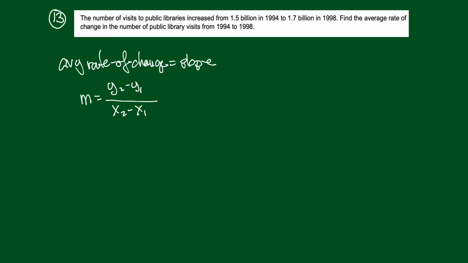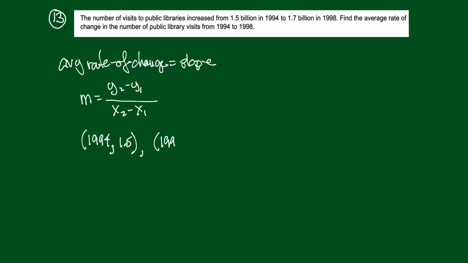Here's what I know. In 1994, 1.5 billion people went to the library. So here's a point. In 1994, 1.5 billion people went to the libraries. Then, in 98, 1.7 billion people went to the libraries.